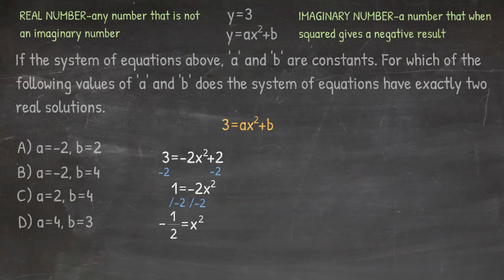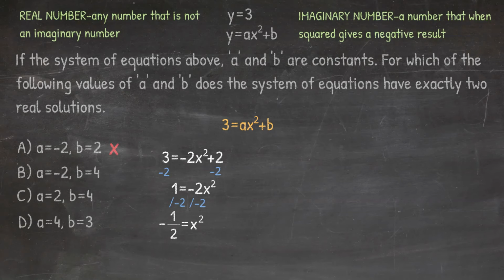As we know, any real number when squared should give us a positive result, and what we're facing is the other case. x squared has a negative value, which means the solution x is an imaginary number. This disqualifies answer choice A.